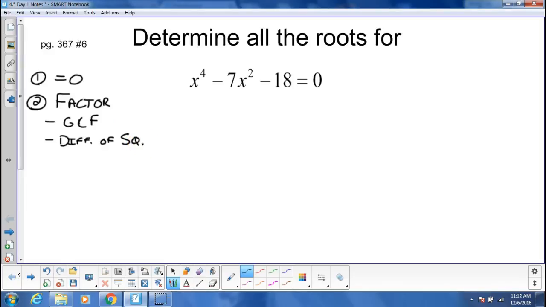Next way is what? Trinomials, just regular old trinomials. Next way.